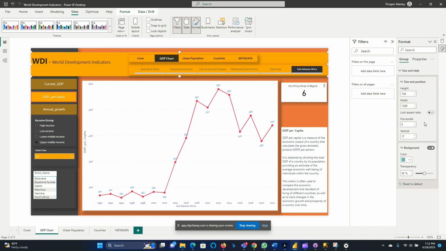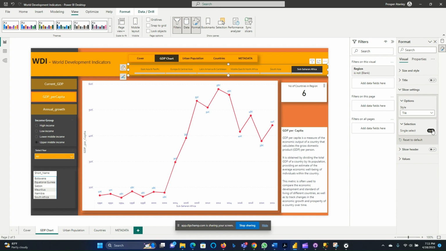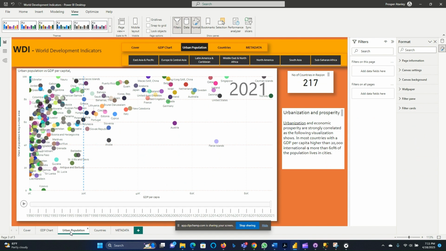Okay, so I'm going to select all, show all here. So this will give a better representation. We have all the countries selected here. On the y-axis, we have the share of the population living in the urban areas, and on the x-axis, we have the GDP per capita.